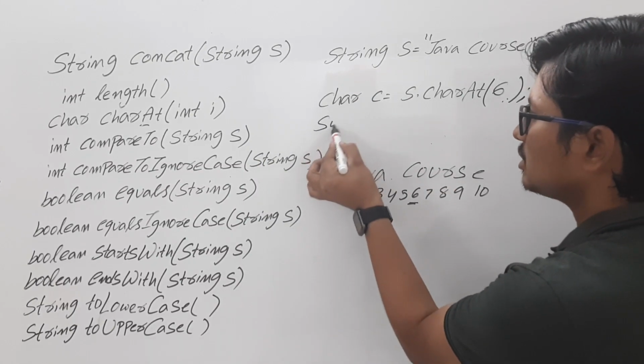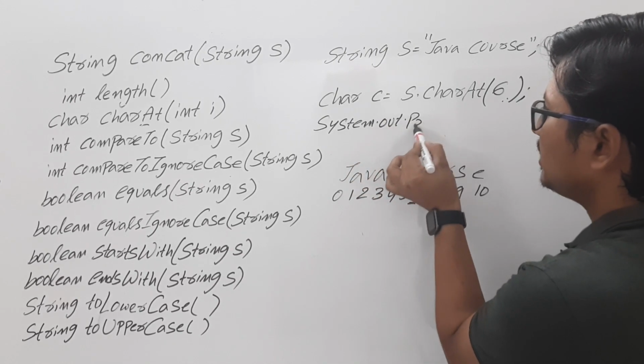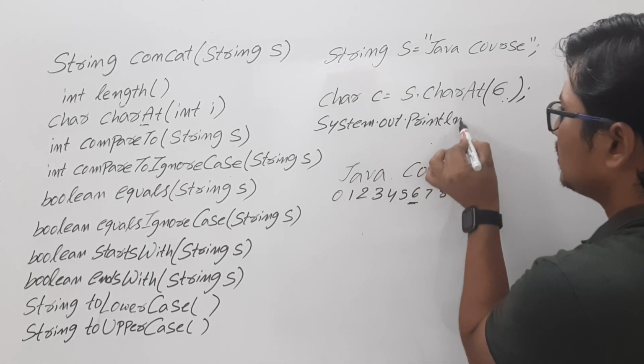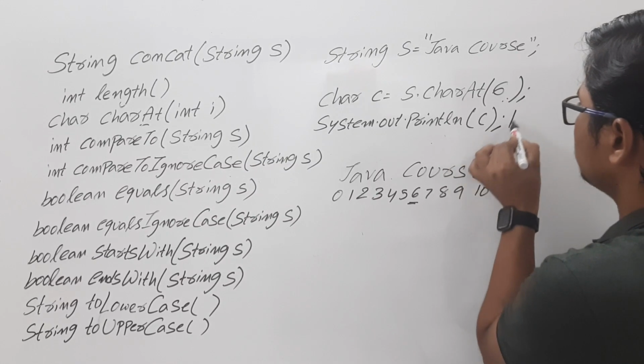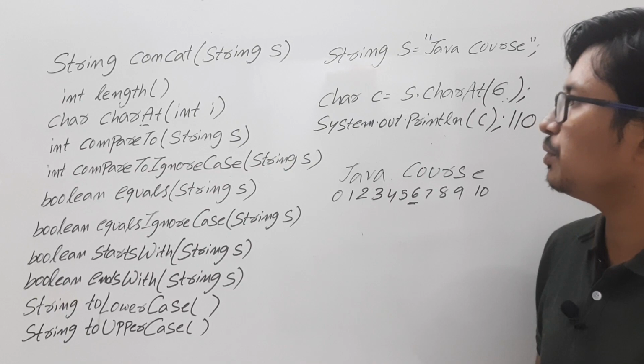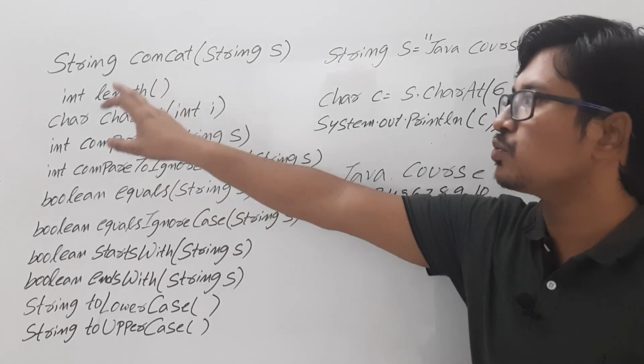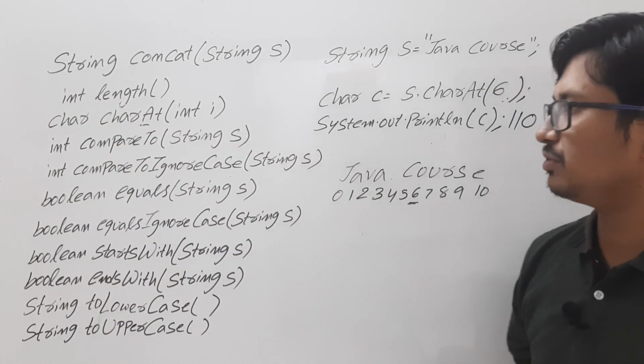If you write System.out.println(c); then it will give you output as O. I hope you have understood the charAt method. At a particular index, whatever character is there will be returned for you.